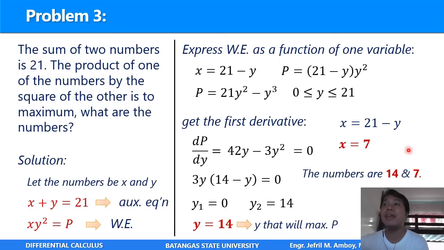So if you multiply them, you will get a maximum product, given that when you add them, the sum that you'll get is 21. Okay? So these are the two numbers whose sum is 21, which when you multiply one by the square of the other will give you a certain maximum product. Okay?